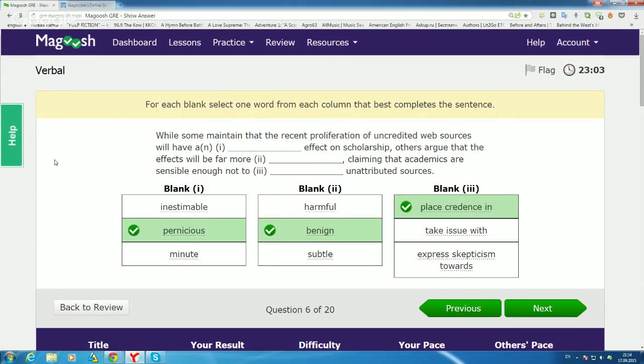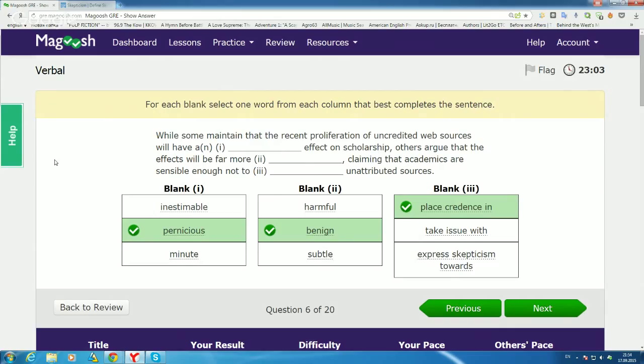No, subtle doesn't mean positive or negative. It simply means that something exists. They are saying that the effect will be far more subtle. It means the effect will be small. Subtle means just a small amount, a small measure of something.